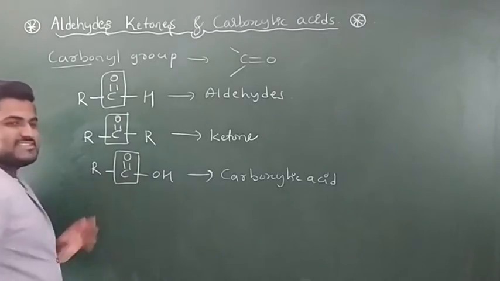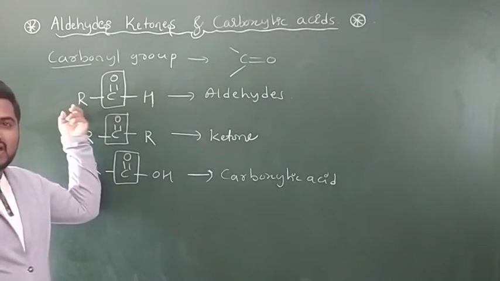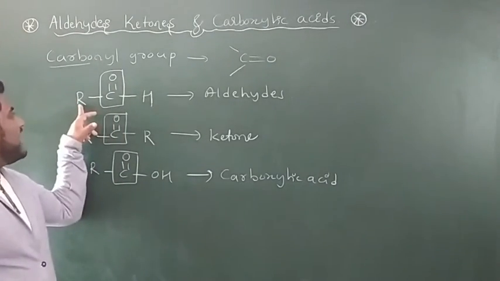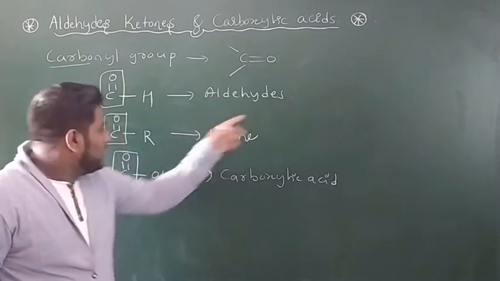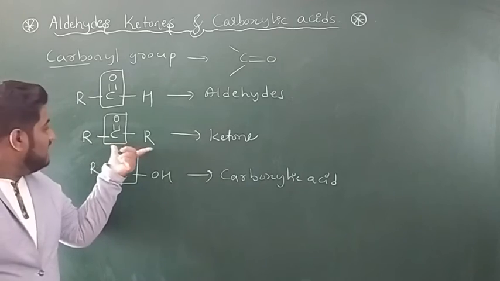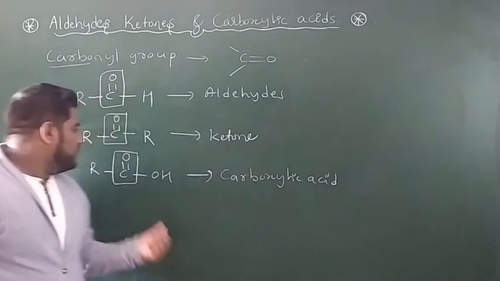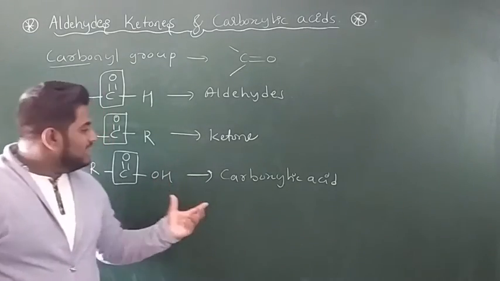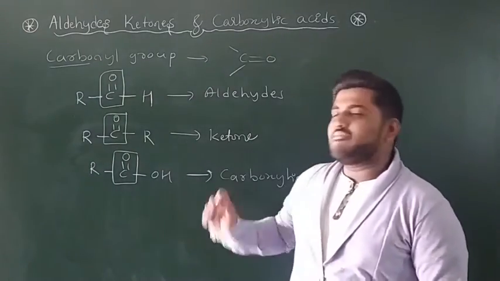If one side H, another side R, R means any alkyl or aryl group, then it is called aldehyde. If both sides alkyl groups are there, it may be same or different, then that is called ketone. If one side alkyl or aryl group and another side OH group is there, then that is called carboxylic acid.